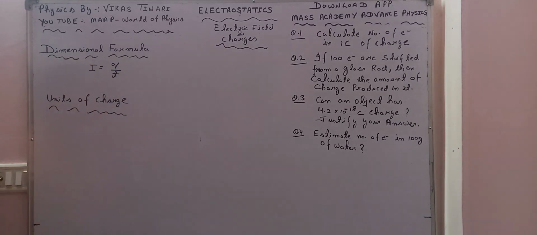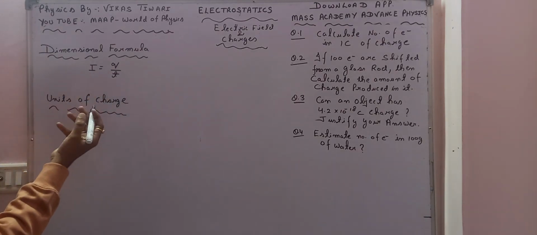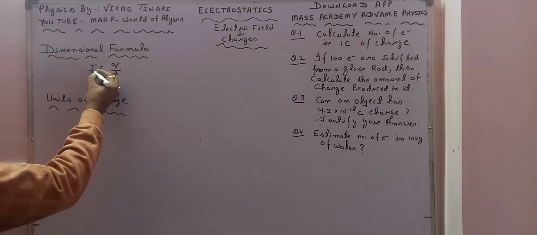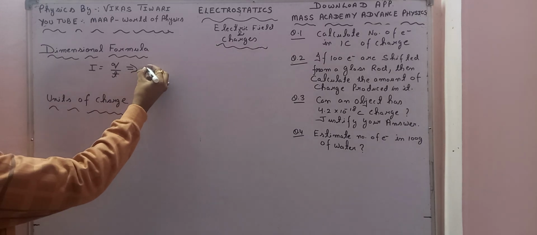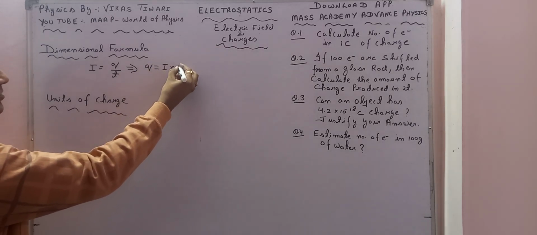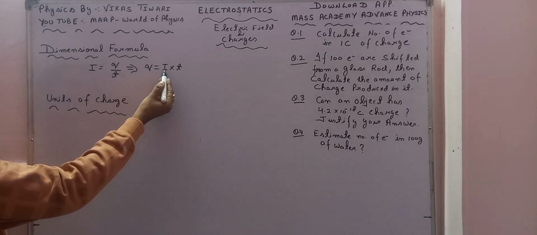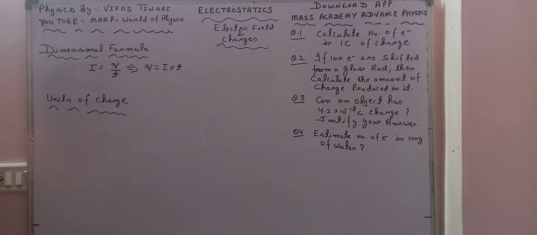To find the dimensional formula, I am telling you the definition of current, because electric current is considered to be a fundamental quantity. So I is equal to q upon t. From here, the value of charge is I into t. So charge is a derived physical quantity in terms of fundamental quantities.